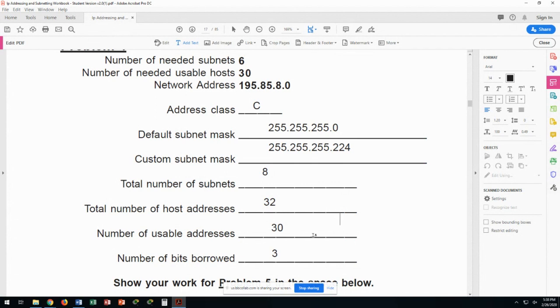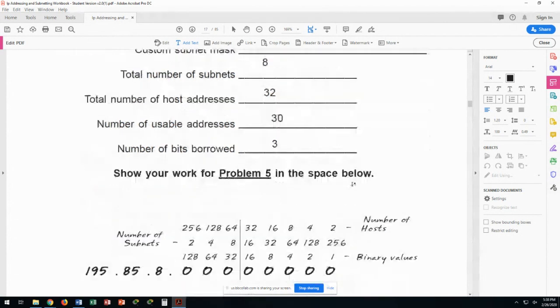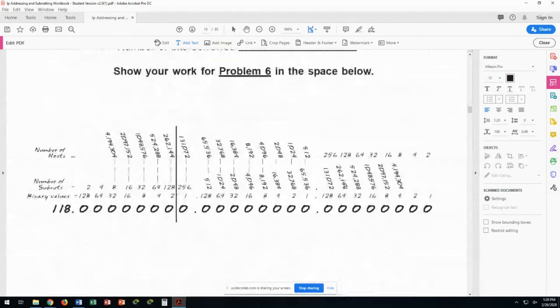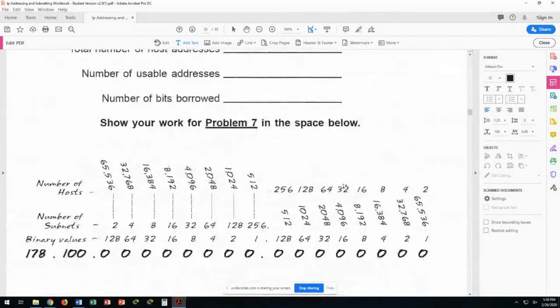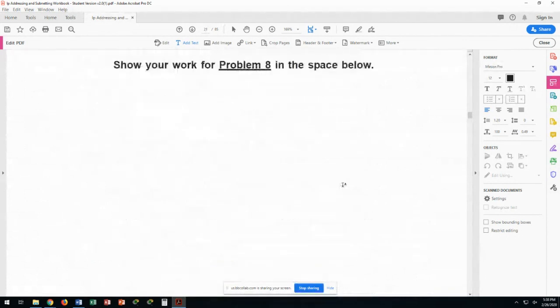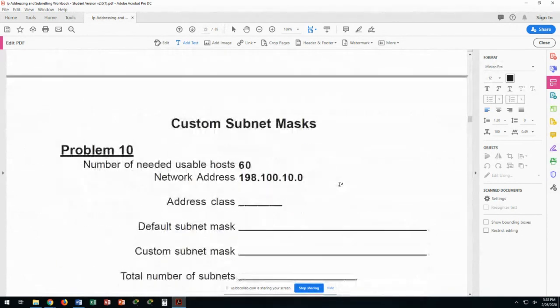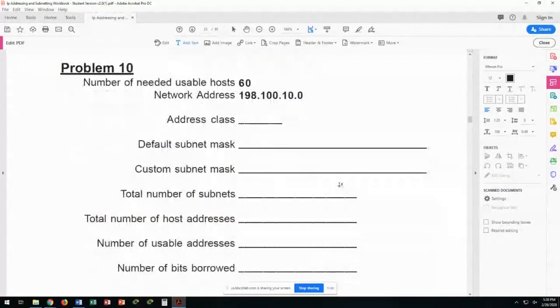Let's see here. I want to do one more here. Okay, here's one that's good. I'm not going to do all of it, but the number of usable hosts needed is 60.